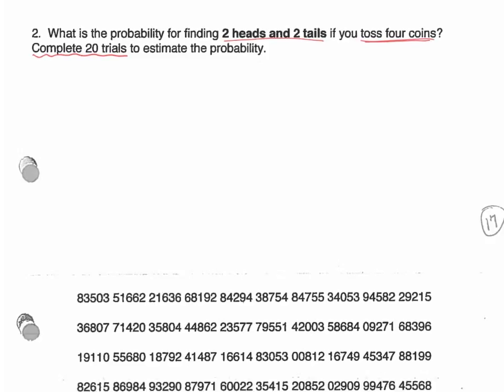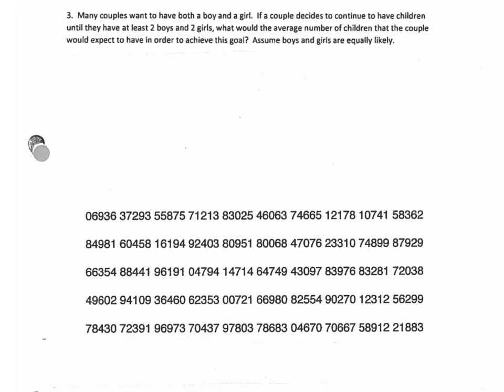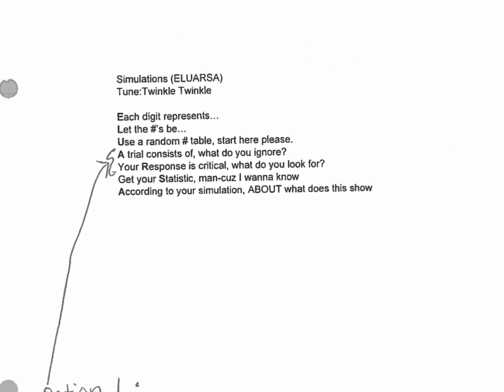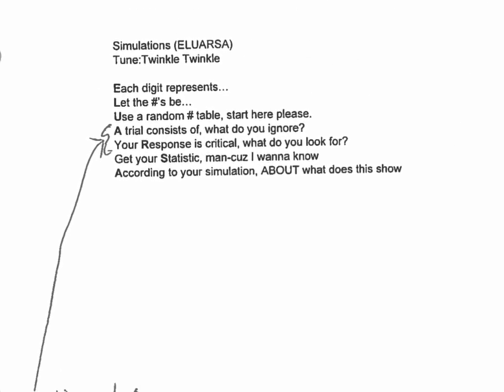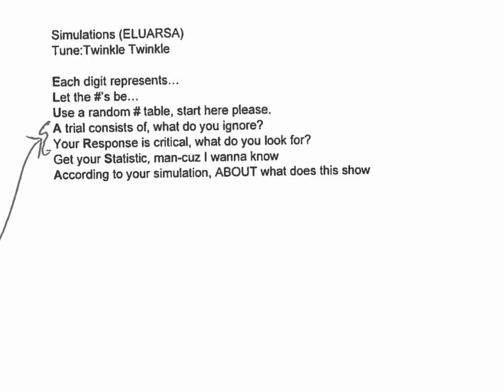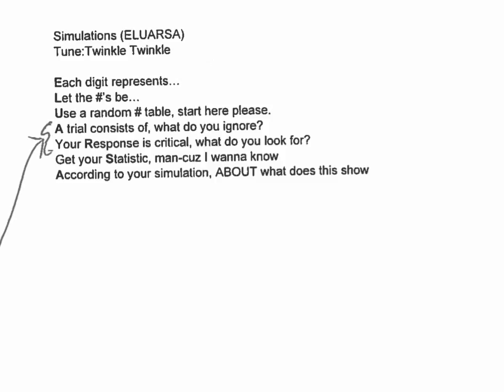I think you have on your page in front of page 17, and this is the song. So we're first going to start with what each digit represents. We're going to talk about what each number in the random number table will represent in relationship to our problem.